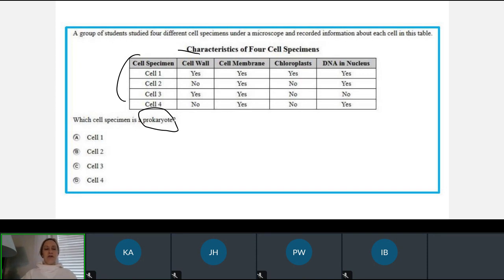So let's look at the graph now because we need to figure out these cells. It's giving characteristics: cell wall, cell membrane, chloroplast, and DNA in the nucleus. See? This makes it so easy. There's only one cell that does not have DNA in that nucleus. So that tells us it's cell 3.